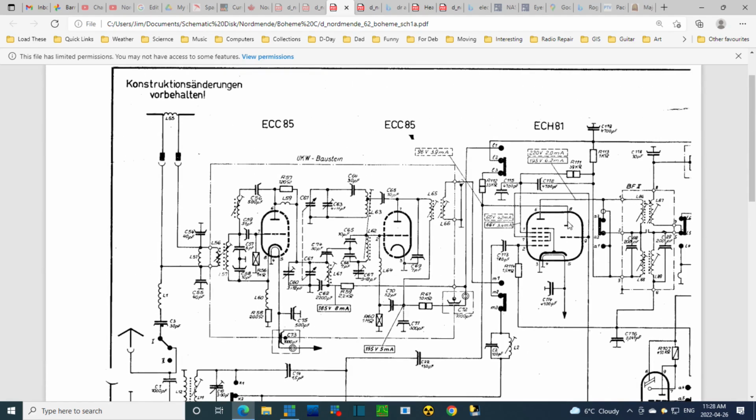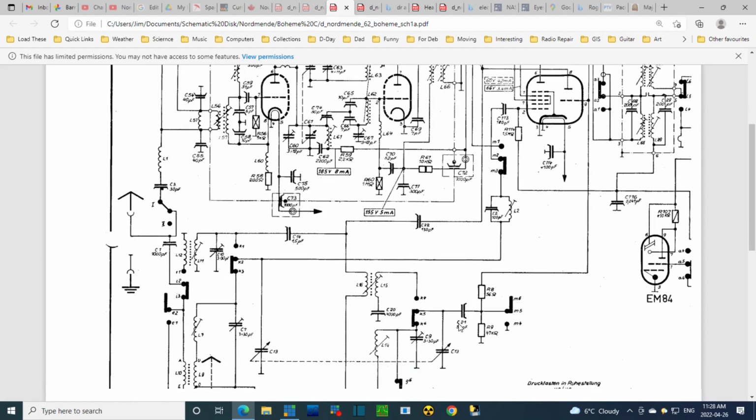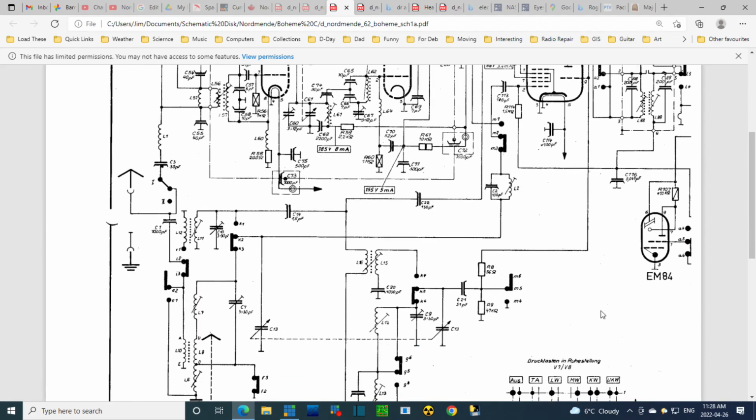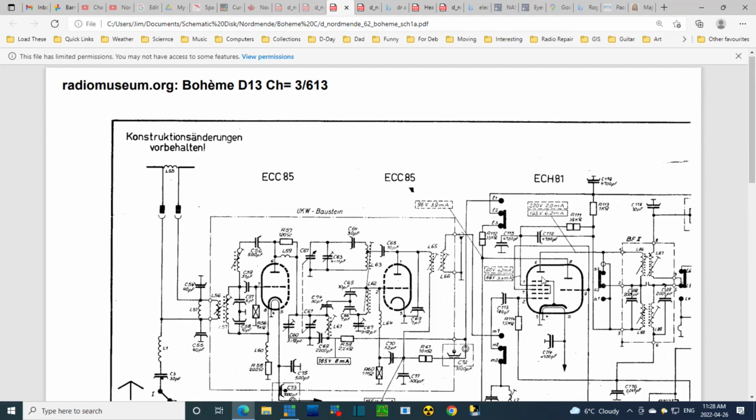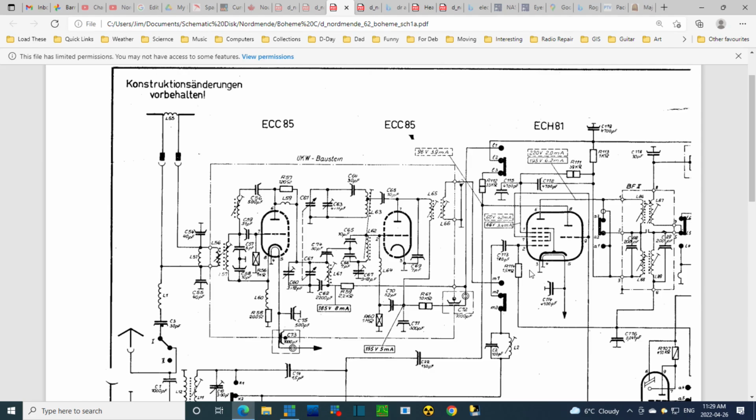So this is the oscillator side of things. These are the oscillator coils down here, I would imagine. And when the AVC voltage gets to this point, it can't go anywhere. It's got a capacitor blocking it from going anywhere further this way. Is this the only controlled tube in the radio?